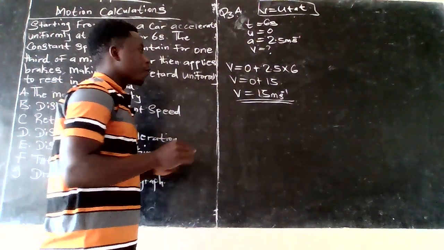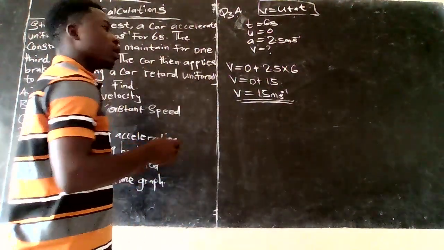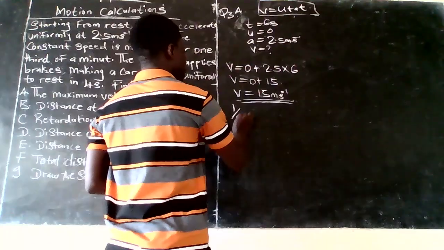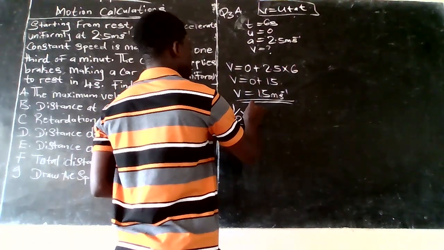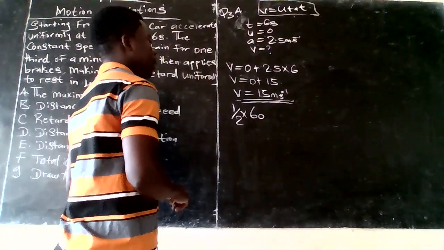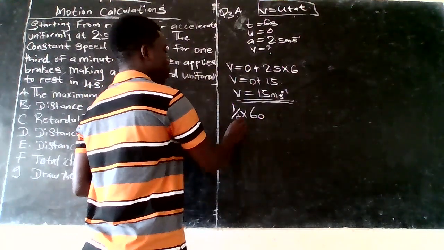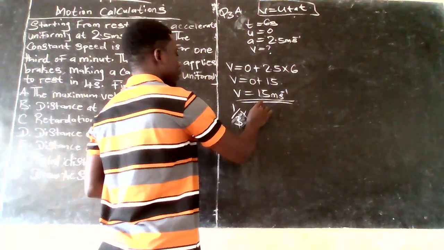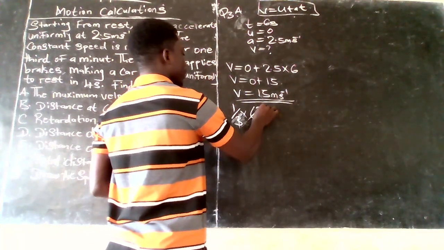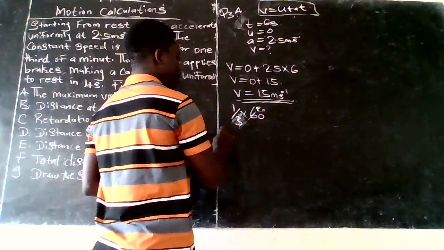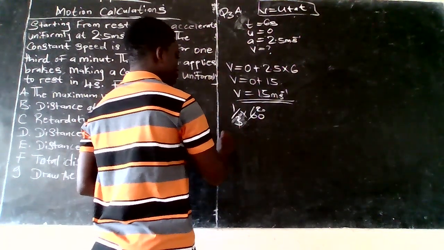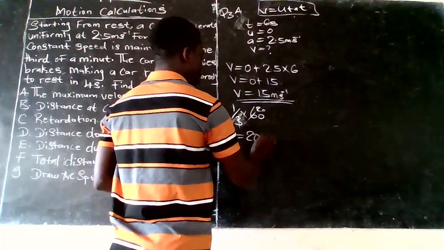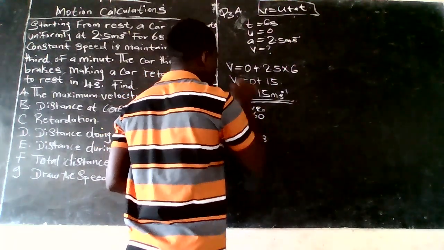So 1/3 of 60 seconds: 3 into 60 goes 20 times. So we have 20 seconds.